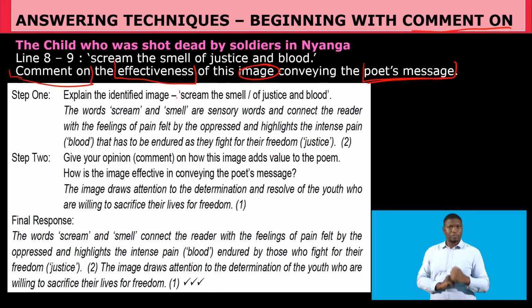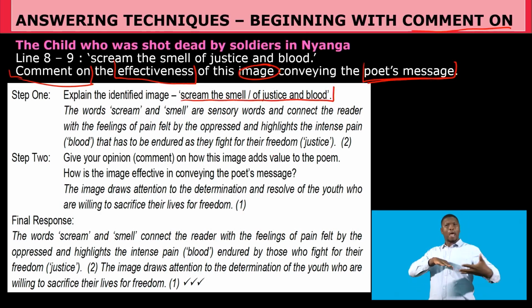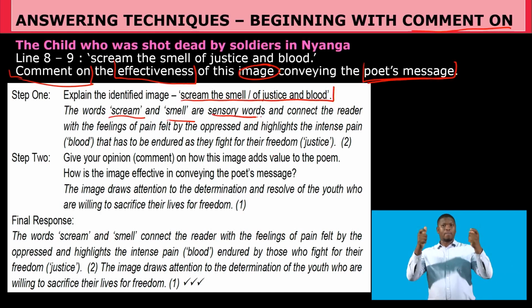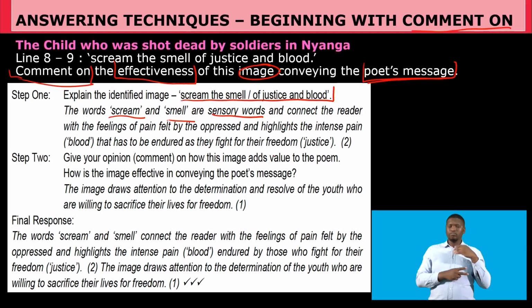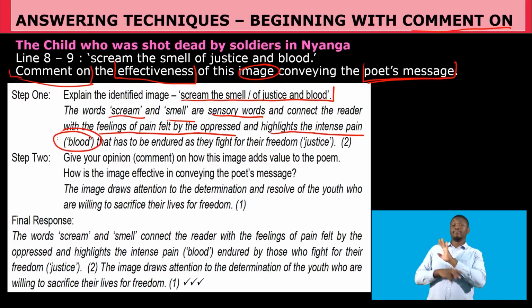So the identified image would be scream, the smell of justice and blood. So we've identified it. So what is the image that is created? The words scream and smell are sensory words that connect the reader with feelings of pain felt by the oppressed people, and highlights the intense pain, the blood, by using the word blood, that has to be endured as they fight for their freedom, looking for justice.